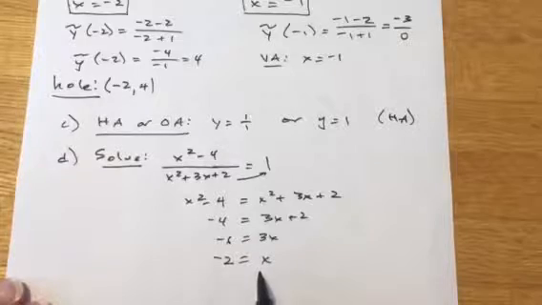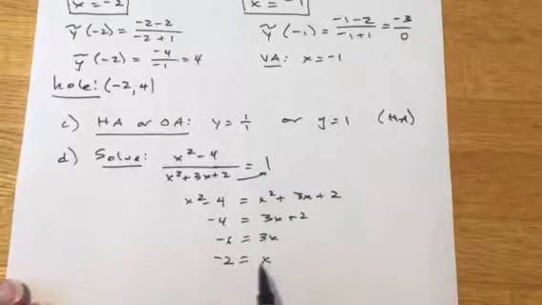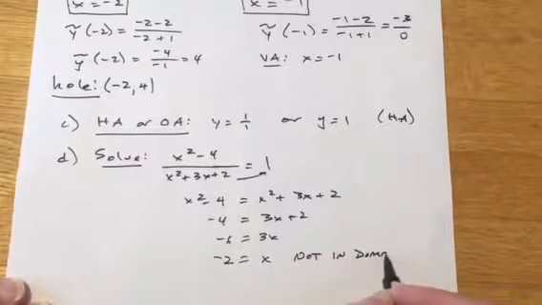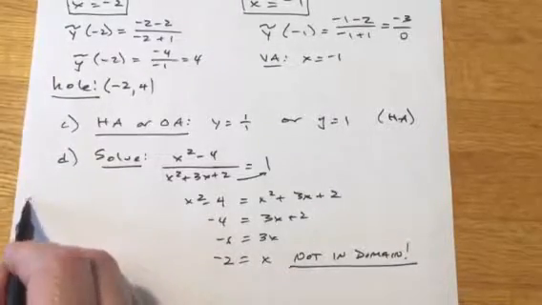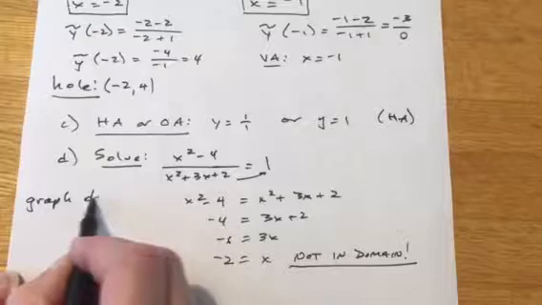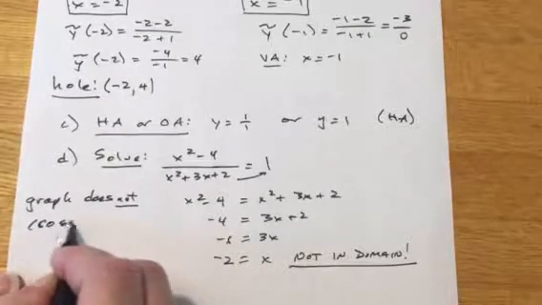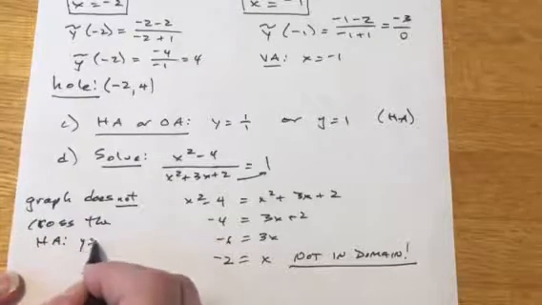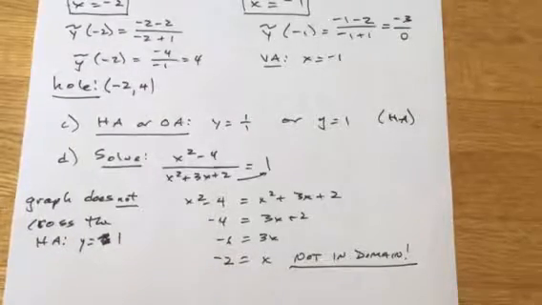We get x = -2, which we'd be tempted to say, okay, it does cross. But remember, this is not in the domain. So the answer here is that the graph does not cross the horizontal asymptote of y = 1. There's no point at which we cross it.